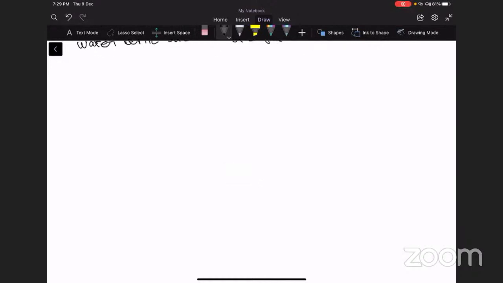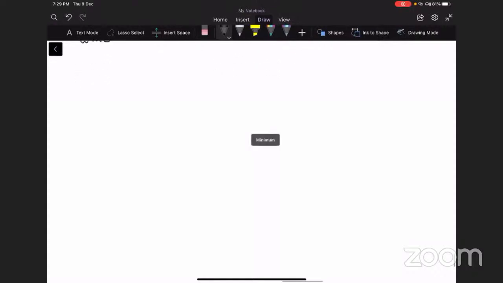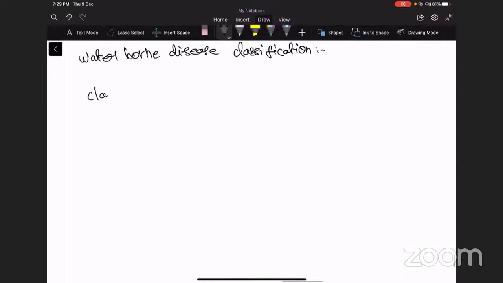Waterborne diseases classification is seen very important in PSM, SPM. So you see classification, mode of disease, and the examples.